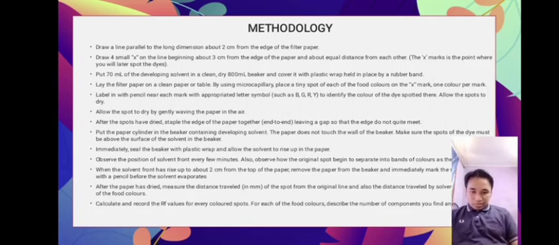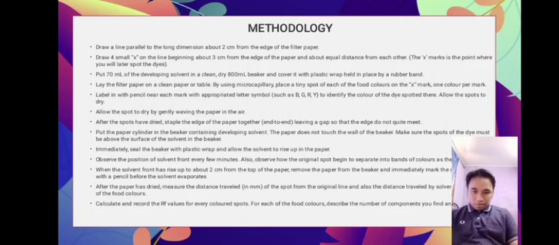Immediately seal the beaker with plastic wrap and allow the solvent to rise up in the paper. Observe the position of the solvent front every few minutes. Also observe how the original spot begin to spread into a band of color as they move up.